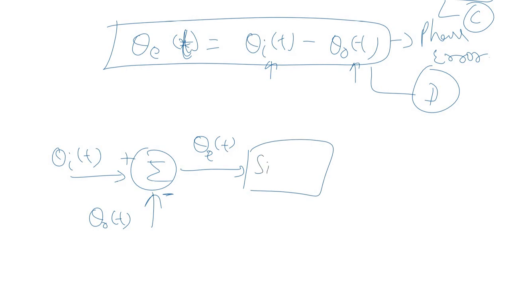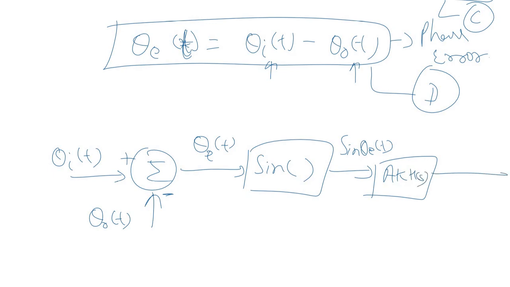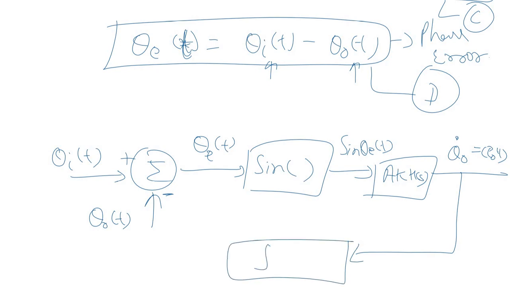We pass it through a sine function, and the output is sine theta e t, and then we pass it through a filter providing the gain A K into h of s, and the output will be theta naught dot, that is c into the error function, which is given as input to an integral from 0 to t.